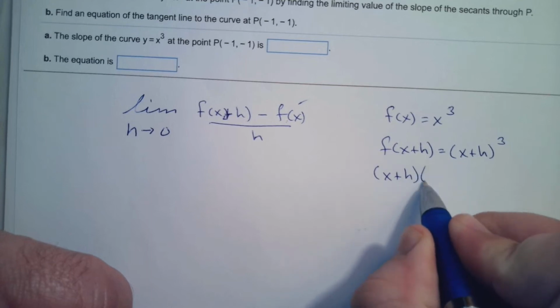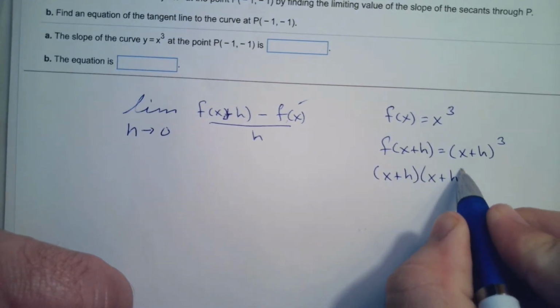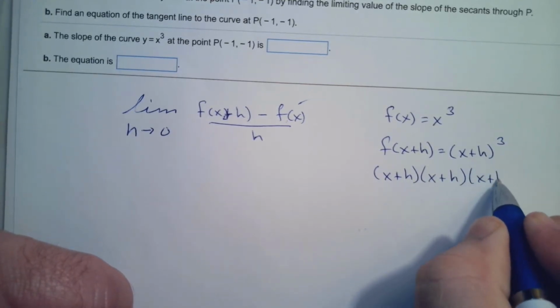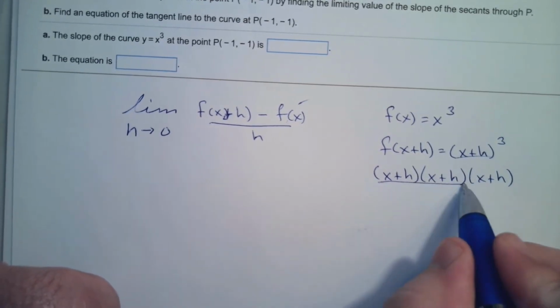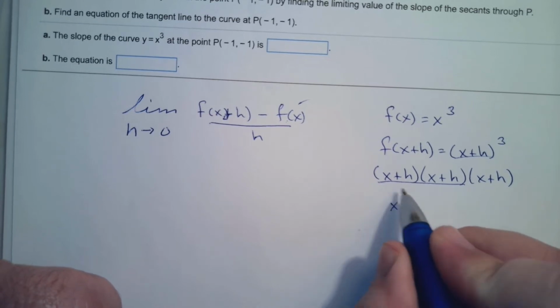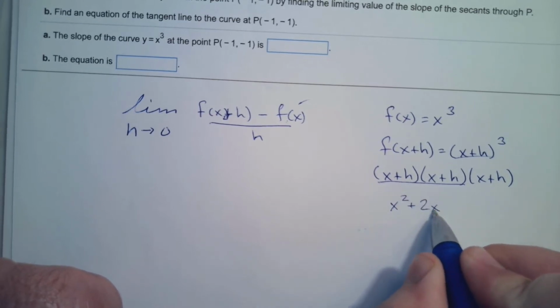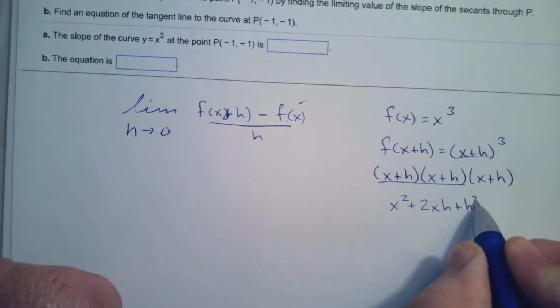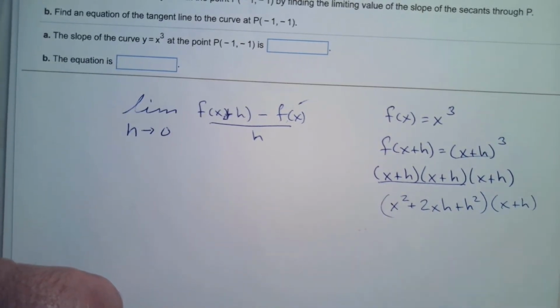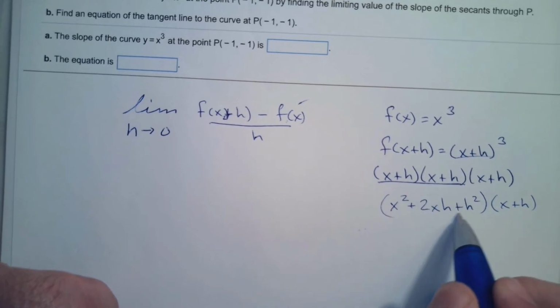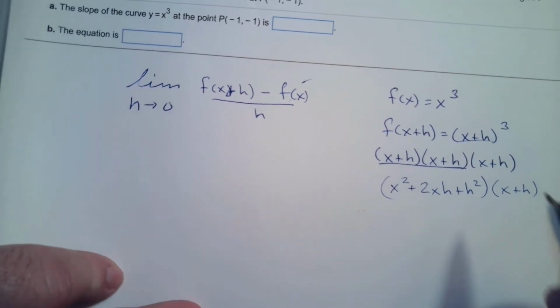X plus h times x plus h times x plus h. That's what that means. So multiply these two together first. We'll get x squared plus 2xh plus h squared. Multiply the first two together, apply FOILing, you get that.